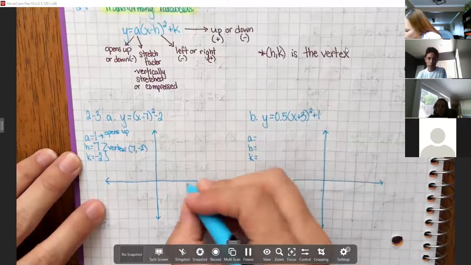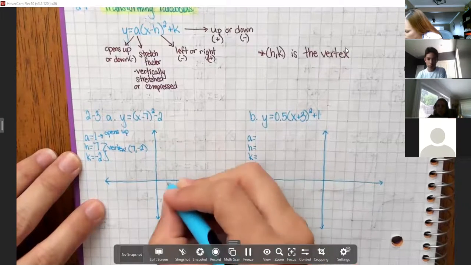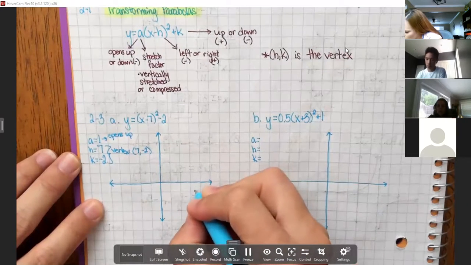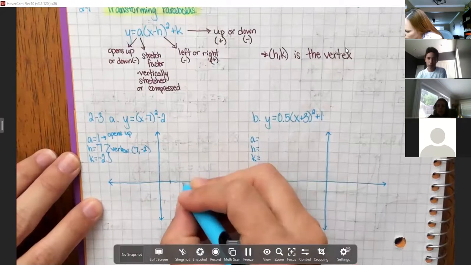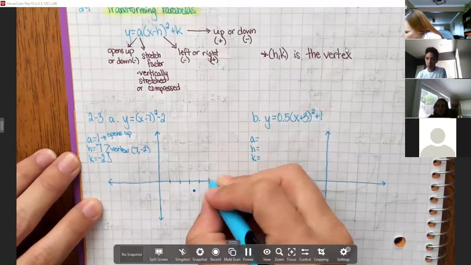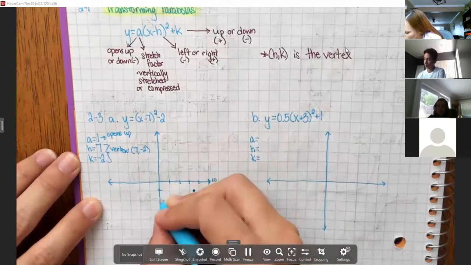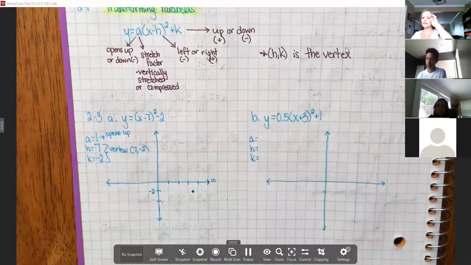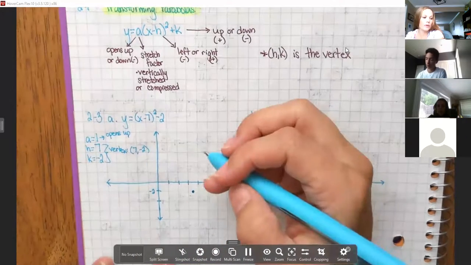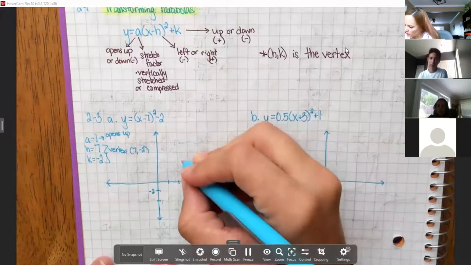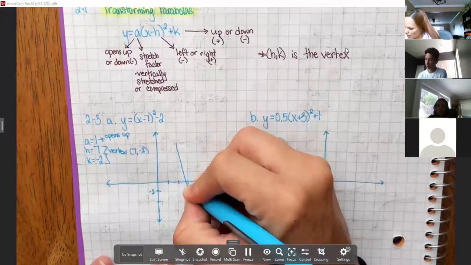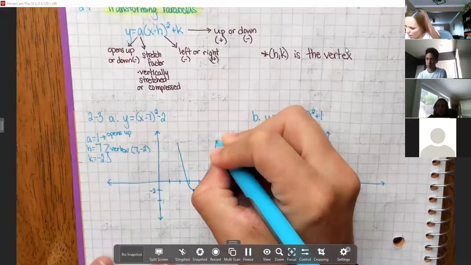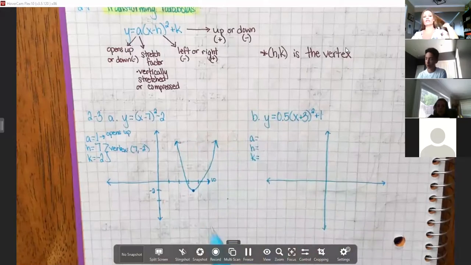I'm going to count by twos here. So there's going to be my vertex, and it opens up. And again, it's just a sketch.